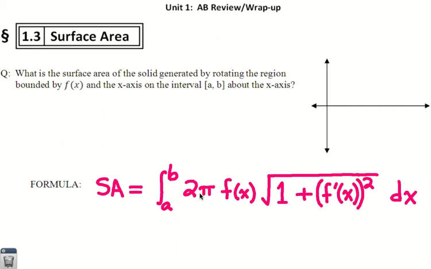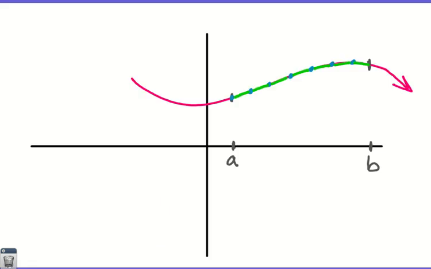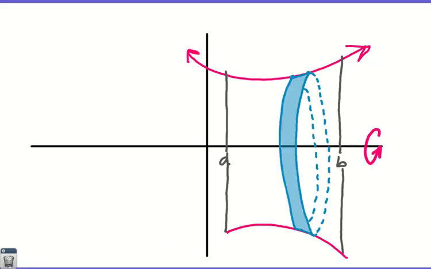You can probably understand why there ends up being a 2 pi in there. And this f of x part, at least doing one part of it, what do you think the f of x part represents from the picture? How do you put f of x into this picture?